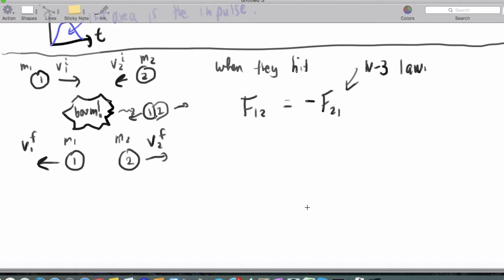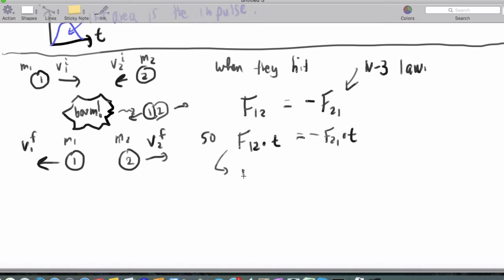Now here's the thing, the actual collision time for each is the same. So that means they have the same impulse.